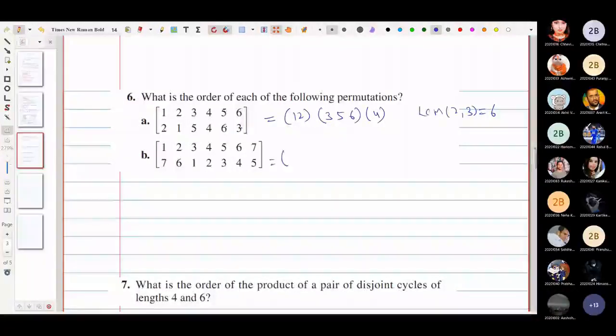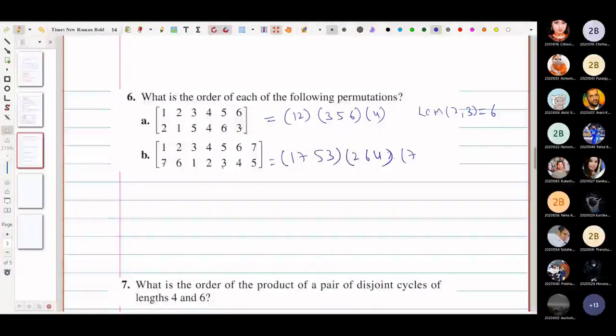Similarly, you can write this one also. 1 goes to 7, 7 goes to 5, 5 goes to 3, and 3 goes to 2, 2 goes to 1. So this is one cycle. And then we can take 2 goes to 6, 6 goes to 4, and 4 goes to 2. Anything missing? I think 7.